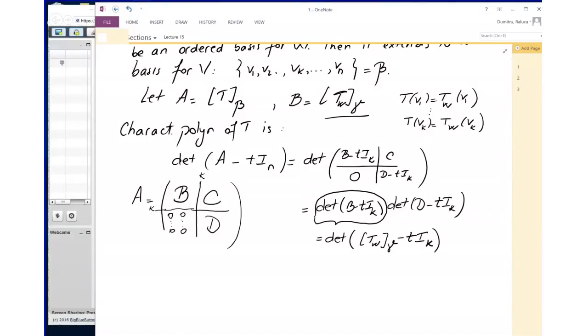All right, so that first one in fact is the characteristic polynomial of the restriction of T to W. Okay. And then it's times something, right?